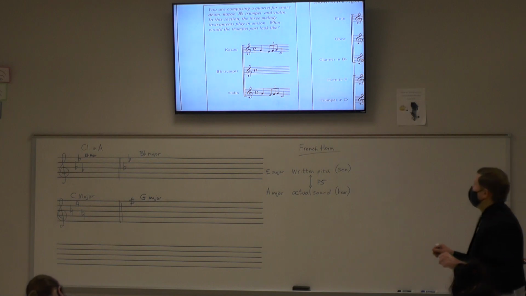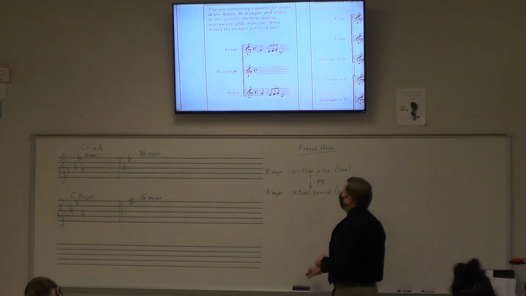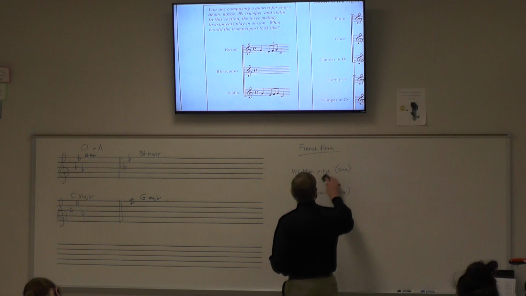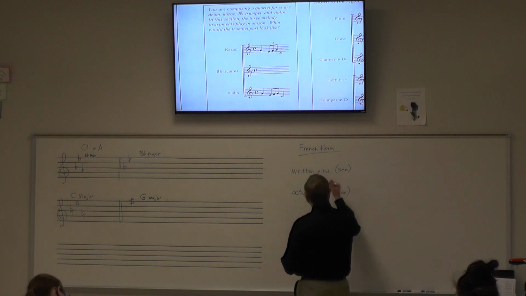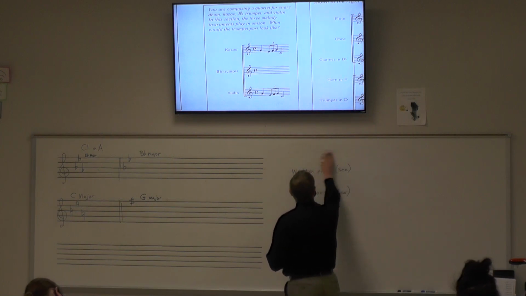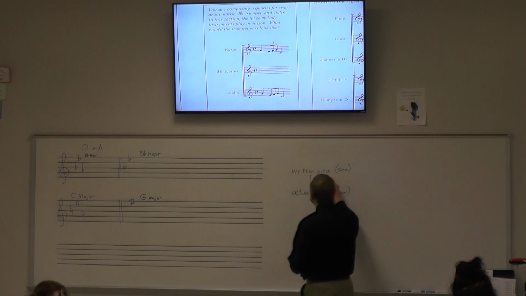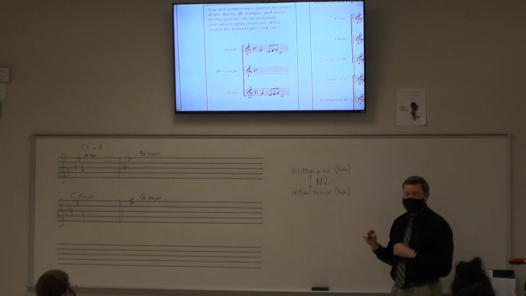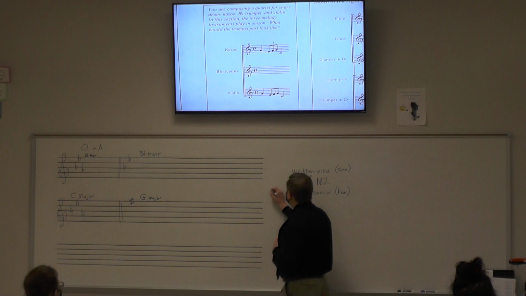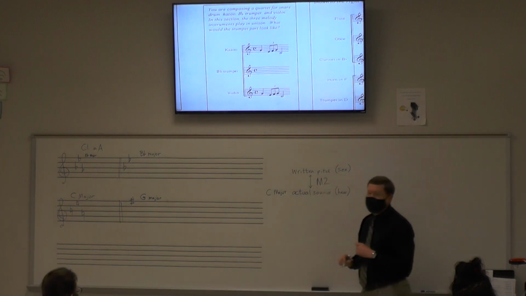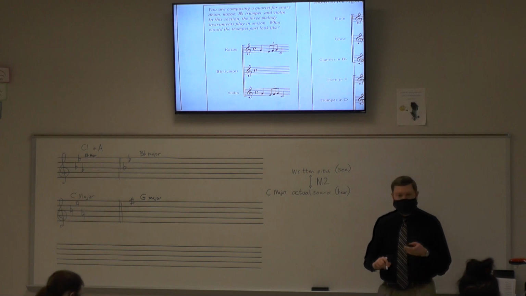Okay. So if they're written in C major, and we're dealing with the B-flat trumpet, the interval of transposition we should know now is a major second. If the actual key is C major, what key do I need to write the melody in for the B-flat trumpet player?